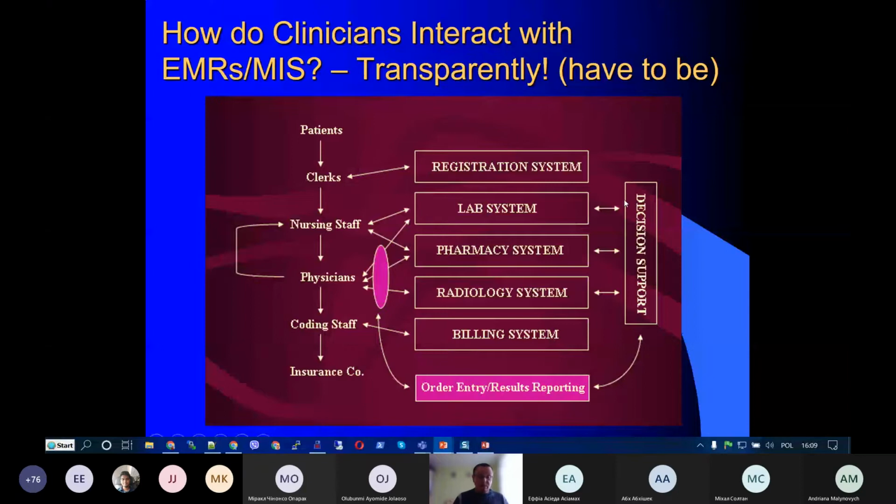Finally, about this part of the lecture, how it can look from the patient's and the physician's side.